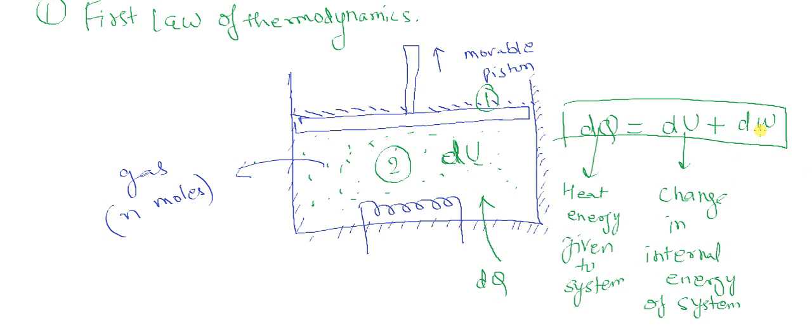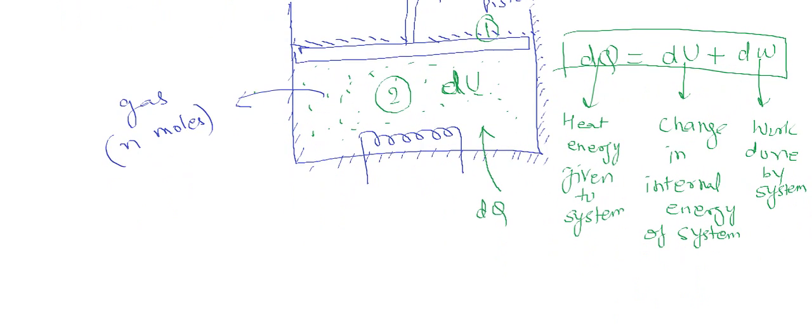And dw is work done by system. I'll tell you the sign conventions later in this video only. So this is our first law of thermodynamics.